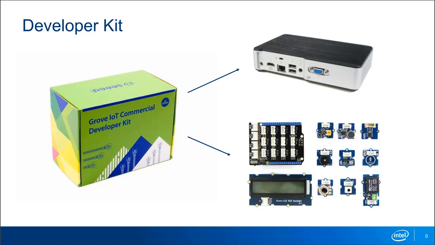And we have a lot of code out there that utilizes this kit and shows off how you can build a proof of concept in a lot of different verticals, so retail, smart industry, things like that. This kit's really great for learning about the ecosystem and building some of these projects. And the demo that we're going to be looking at today is built using this kit.